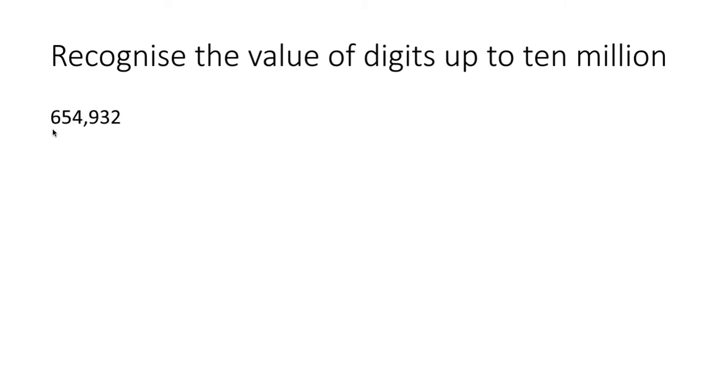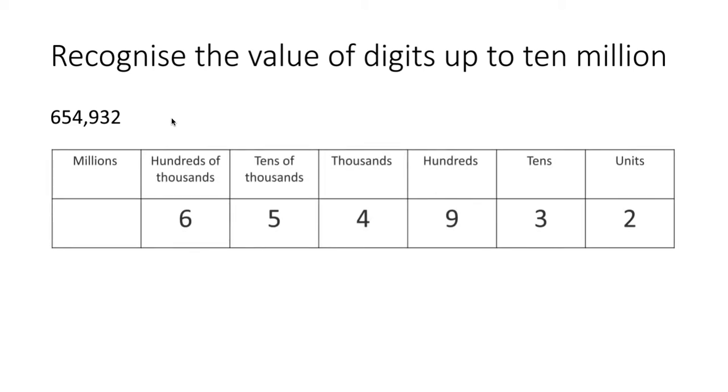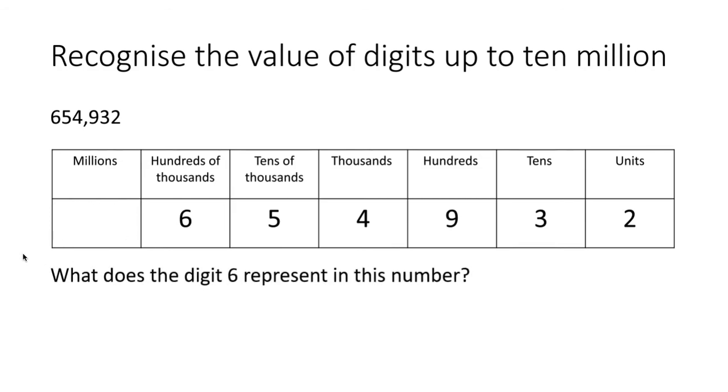The second number here is 654,932. Put it into our place value chart. You can see there aren't any millions. This time I'm going to ask, what does the digit 6 represent in this number? So let's find the digit 6. It's right here in the hundreds of thousands column.